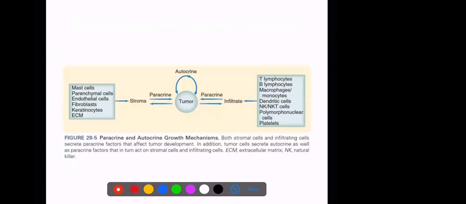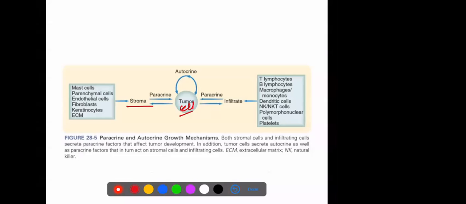So I told you the tumor is there and the nearby stroma is there, and both are together to form the total tumor. This is a tumor cell, and this is going to be stroma. So the complete organization of multiple tumor cells and stroma forms the solid component of the solid tumor. What happens is that these tumor cells secrete certain substances.